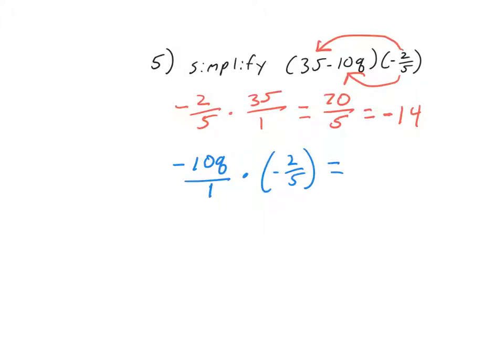Let's not worry about the negatives. The answer is going to be positive because it's a negative times a negative. 10 times 2 makes 20, and then q. 1 times 5 is 5. 20 divided by 5 is 4, so it's going to be 4q. So our answer is going to be -14 plus 4q.